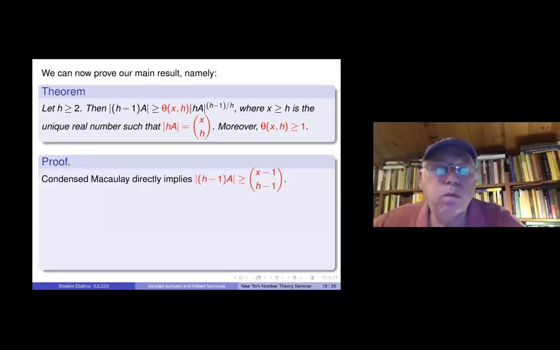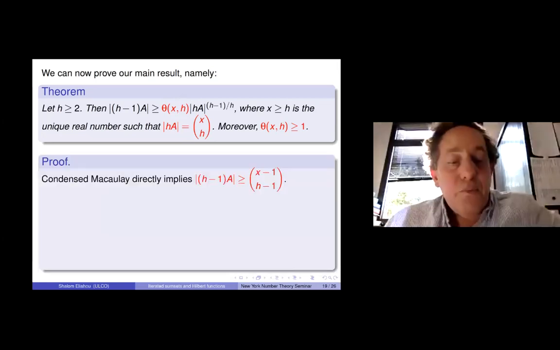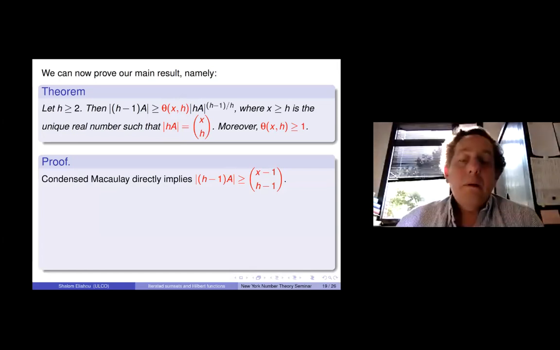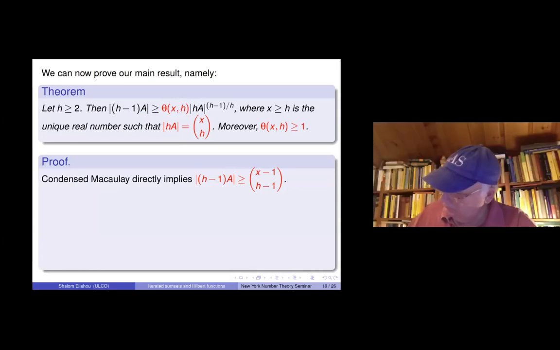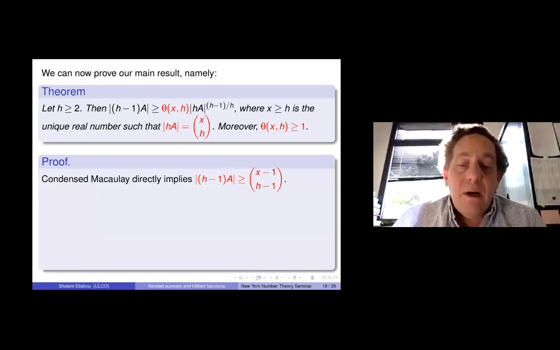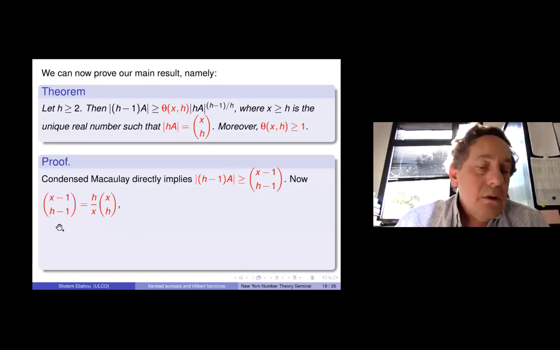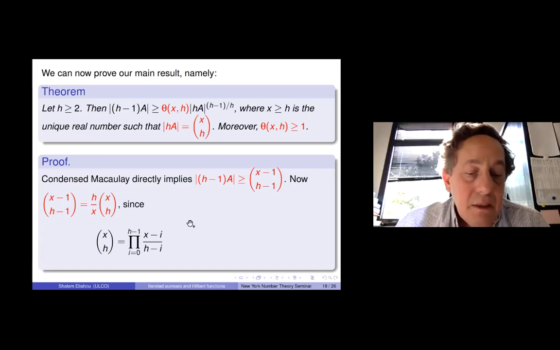So let me go over the proof. Condensed Macaulay directly gives us lower bounds because we have this graded algebra array. And now, as usual, you can represent this binomial coefficient in this way because you see x, h is defined this way.